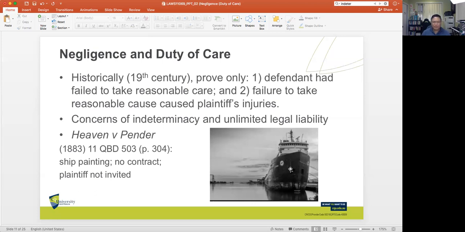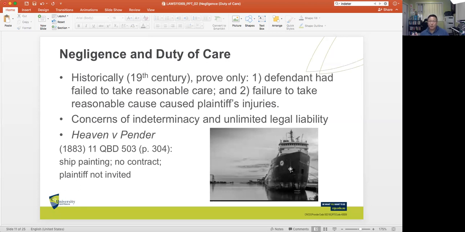The Queen's Bench made a ruling that in this particular case, although there was no contract between the painter and the ship owner, the owner could still be held liable for the injuries of the plaintiff on the basis of negligent action, the failure to ensure that the ropes would not snap and that the painter would not fall and suffer injury.